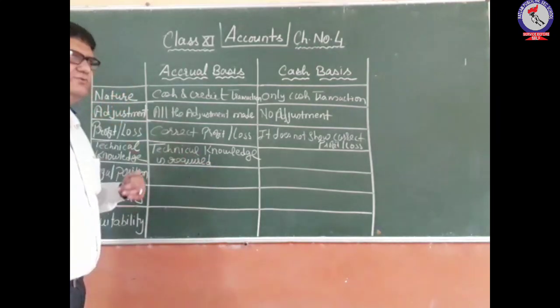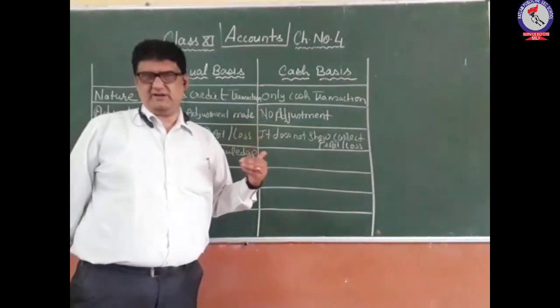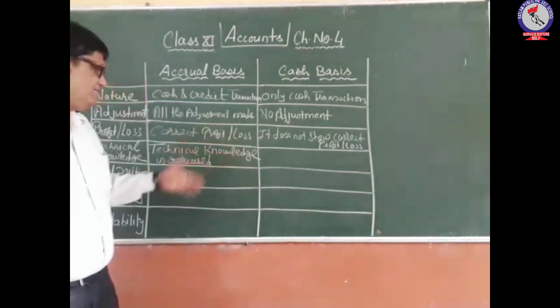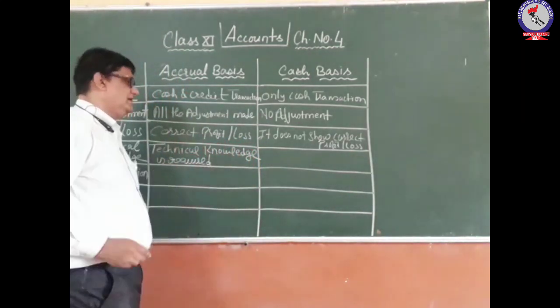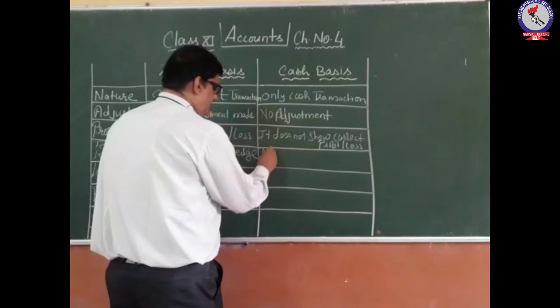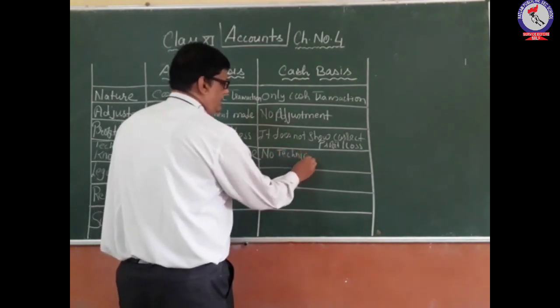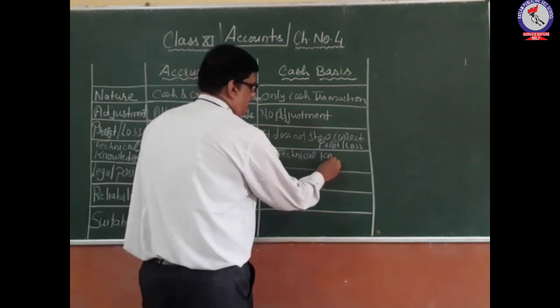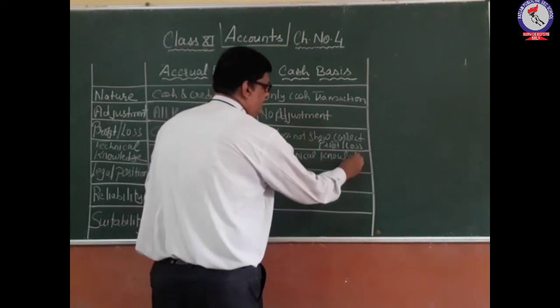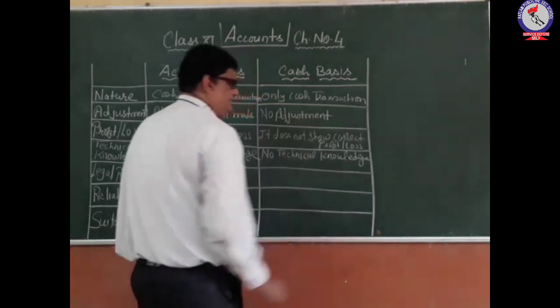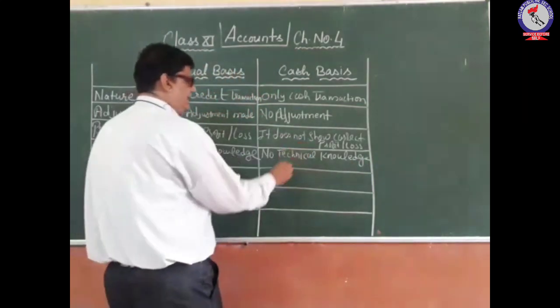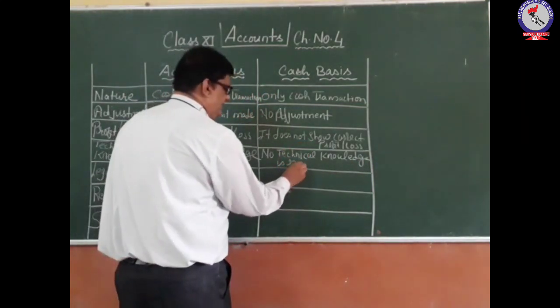What we have to do with those adjustments and how we have to adjust them, for that we require technical knowledge. But here no technical knowledge is required, because it is simply the inflow and outflow of cash, cash received, cash paid. So no technical knowledge is required here.